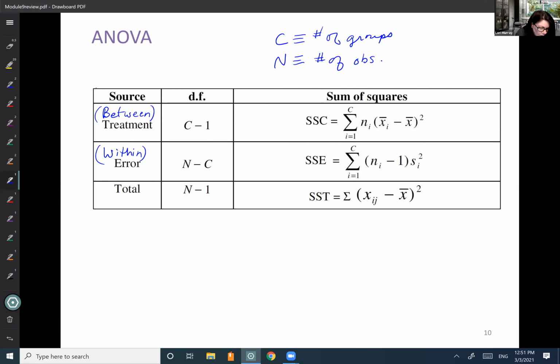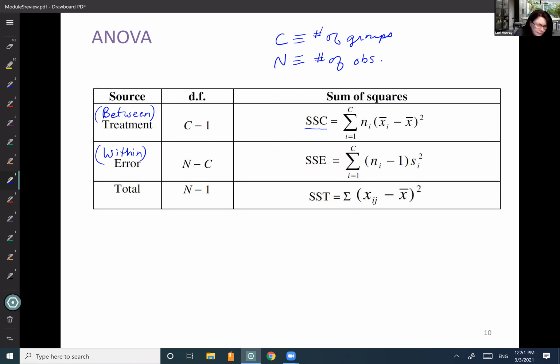Then we calculate what is called the sum of squares. The variation between the groups is SSC. Think of C standing for columns, so you can arrange your data where your groups are in columns.